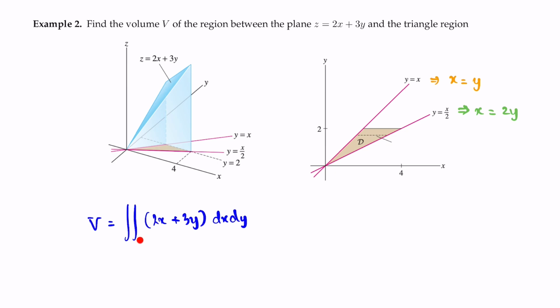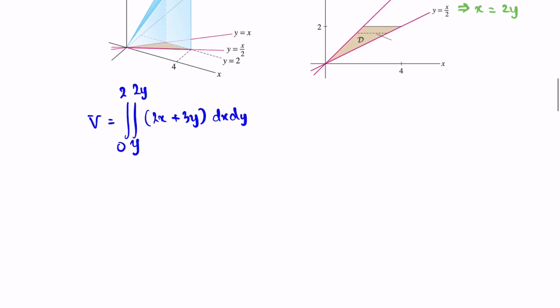So the limits of integration of the inner integral run from left to right, or from y to 2y. And at the same time, if you slide this horizontal line up and down this region, the lowest point it can go to is 0, and the highest point it can get to is 2. So the limits of integration of the integral with respect to y are from 0 to 2.